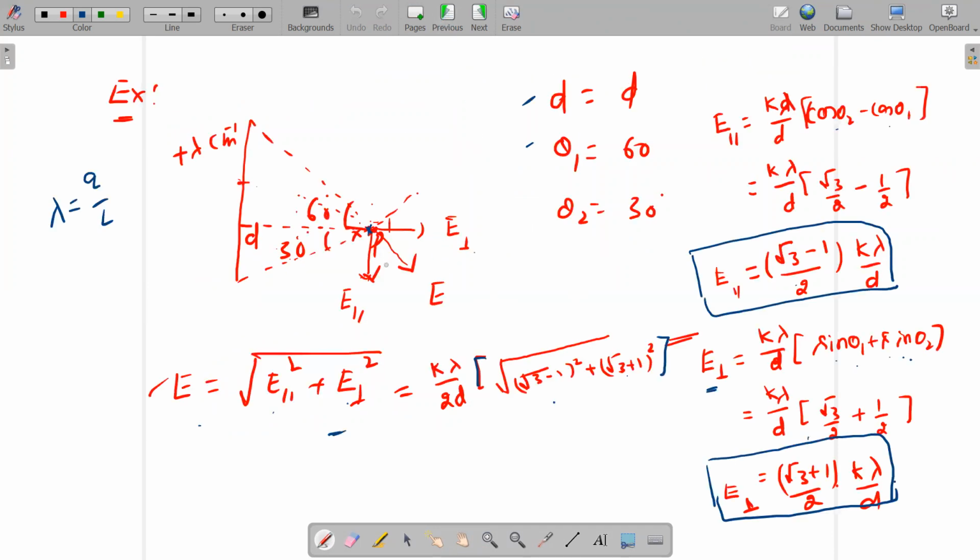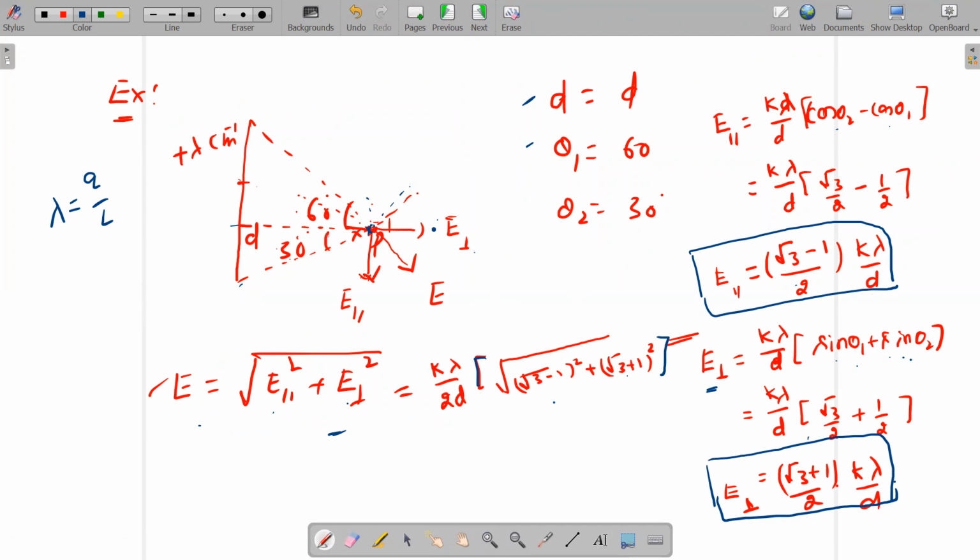But if you want to understand the direction, you have to understand this. E perpendicular total will be in this direction anyway. E parallel direction you have to take carefully because of the element lying below the perpendicular line. For that element the electric field will be this, so you get E perpendicular and E parallel.